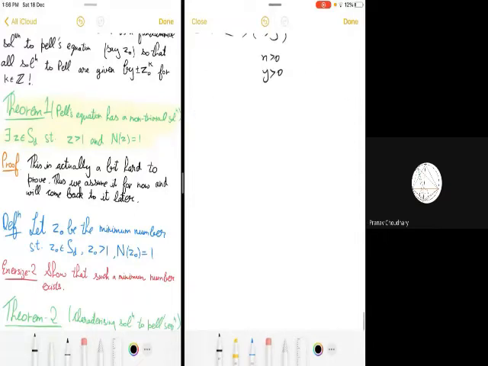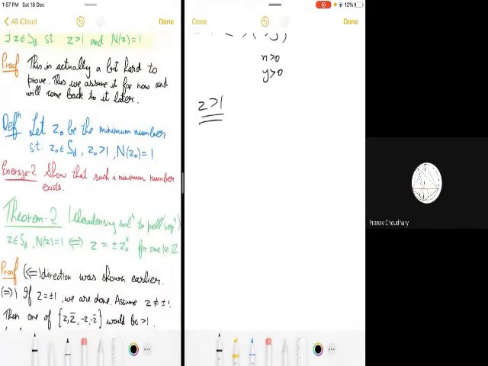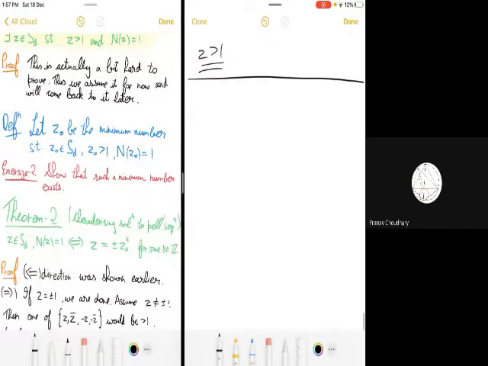For now, we just assume that there exists one such z, and then the nice thing is that we can characterize all such z. We already saw that if we have a z satisfying n of z is 1, then plus minus z to the power k also satisfies n of z is 1.